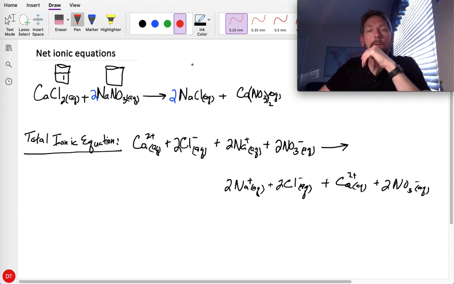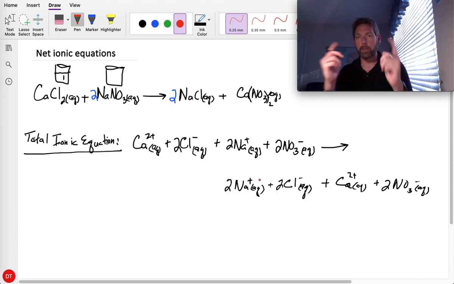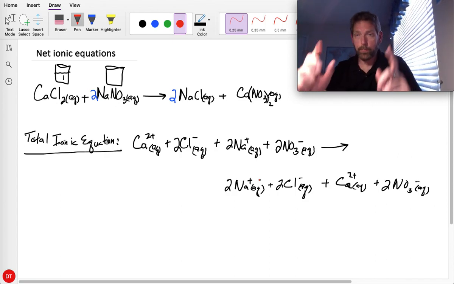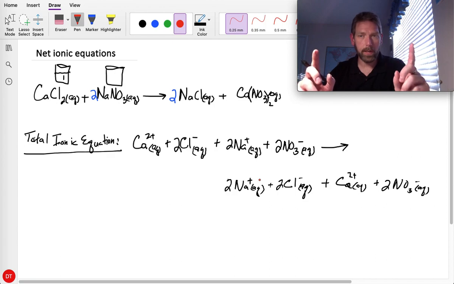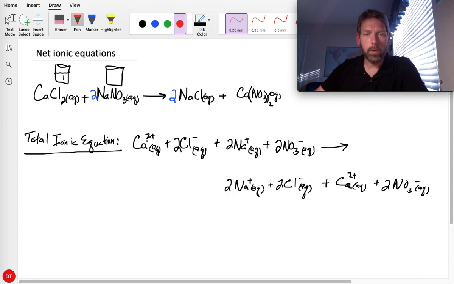So now we come over here and you look on both sides of the reaction. Okay? If you have something aqueous on the reactant side and it's aqueous on the product side, you literally put a strike through. You just get rid of it. So on the product side we have calcium, Ca2 plus over here, so put a strike through. There's 2 chloride ions on the reactant side and 2 on the product side, strike through.